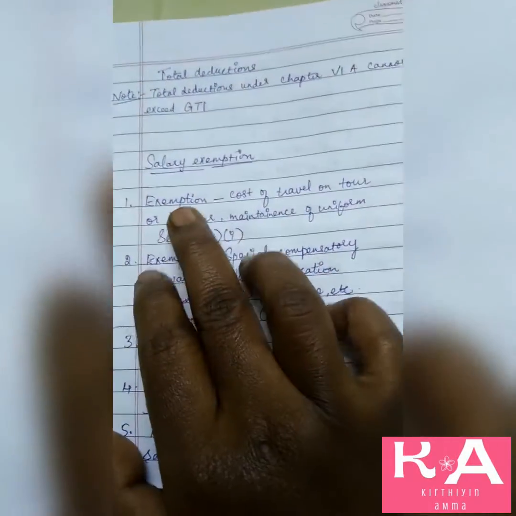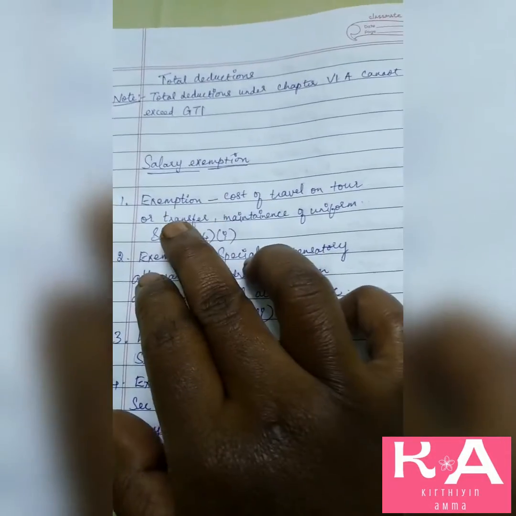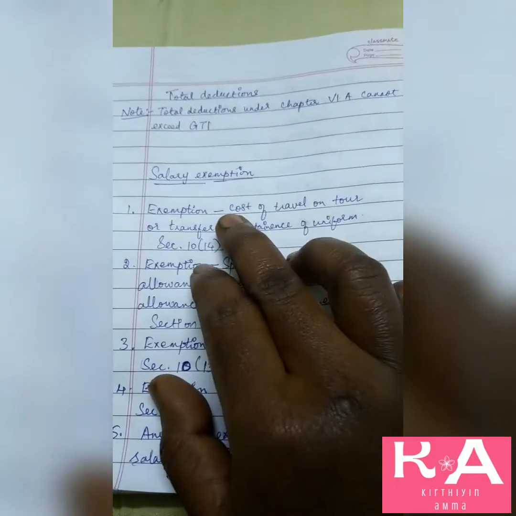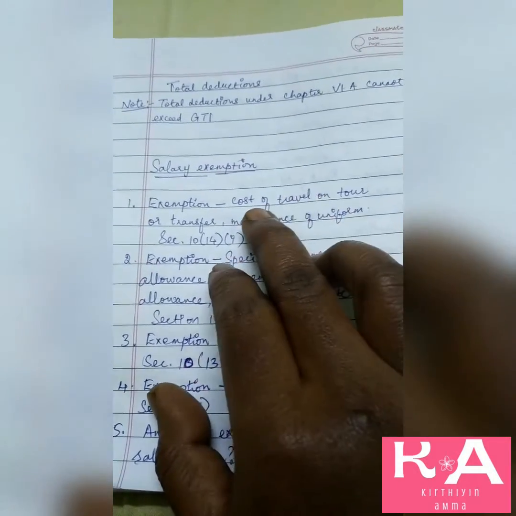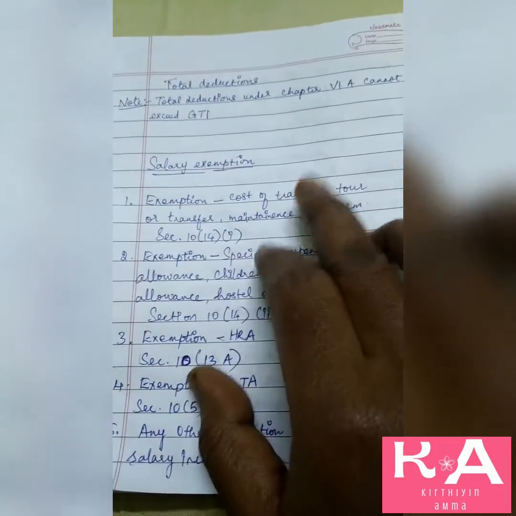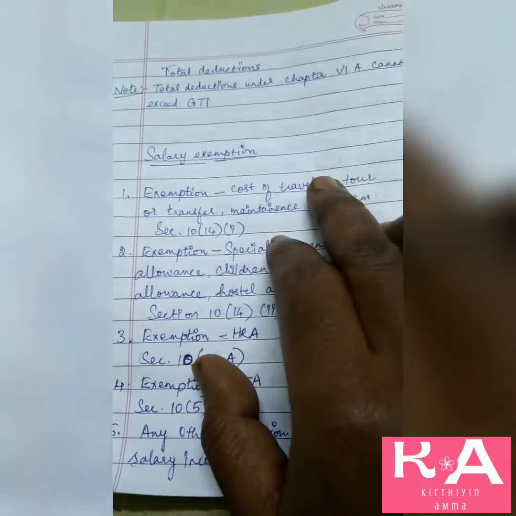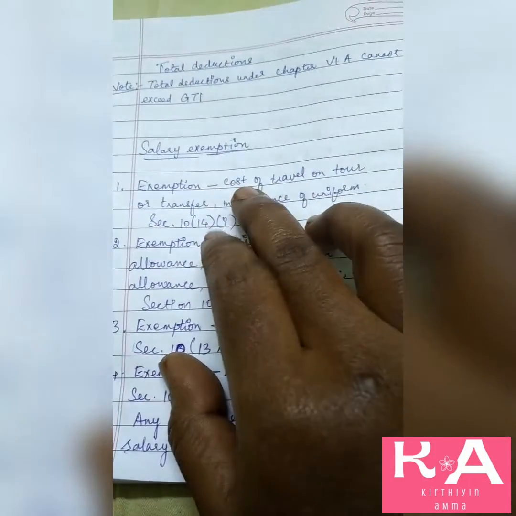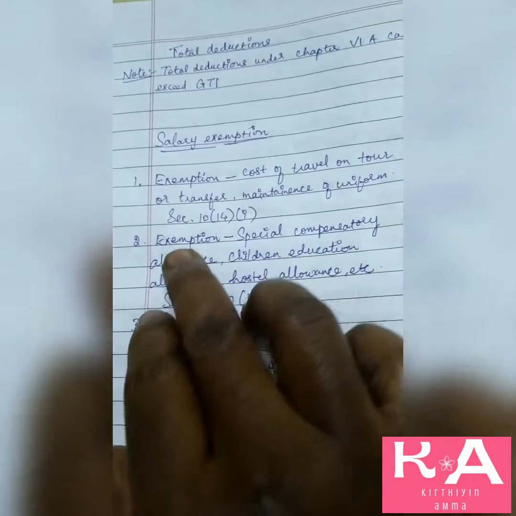So exemptions. Are you exempted from travel cost? That is, if you are going on an official tour or official travel, at that time you can claim those costs. You can avail that exemption if you have proof. So if you are exempted from it, you can say yes under this part.